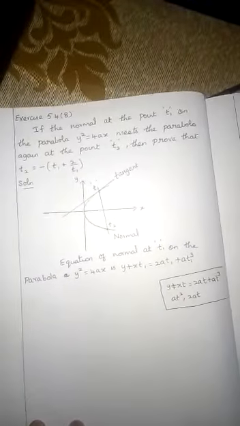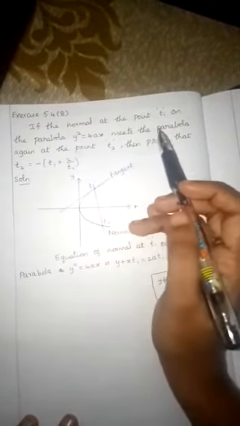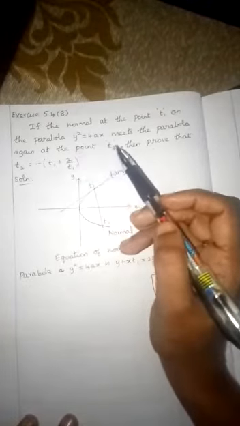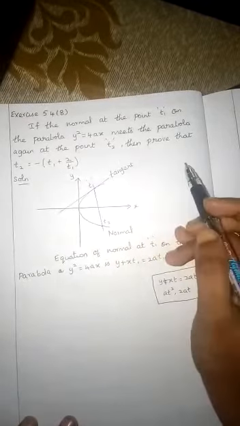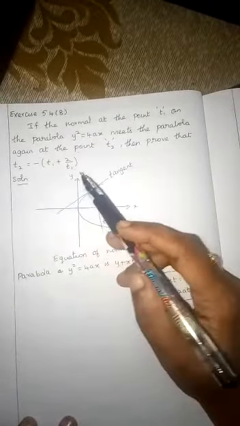Now you can see the next sum in the same exercise, the 8th sum. Okay, so exercise 5.4, 8th question. If the normal at the point t1 on the parabola y square equal to 4ax meets the parabola again at the point t2, then prove that t2 is equal to minus of t1 plus 2 by t1.